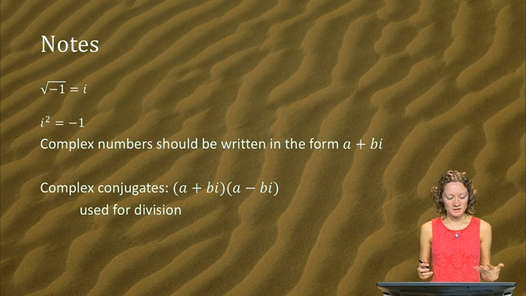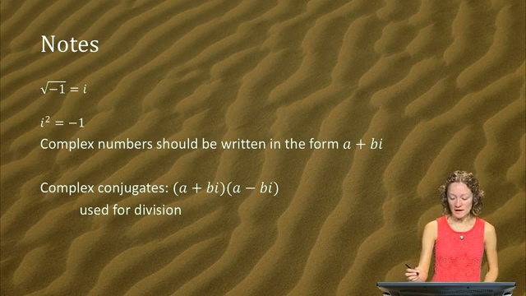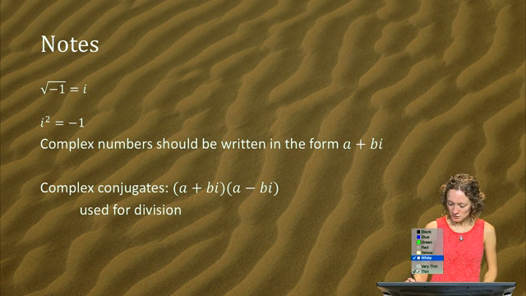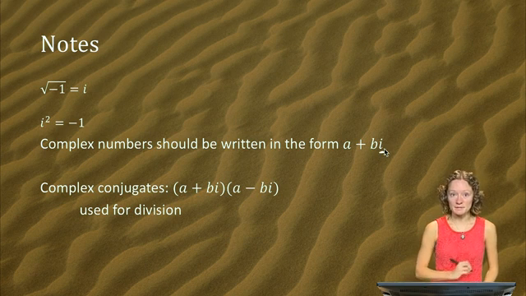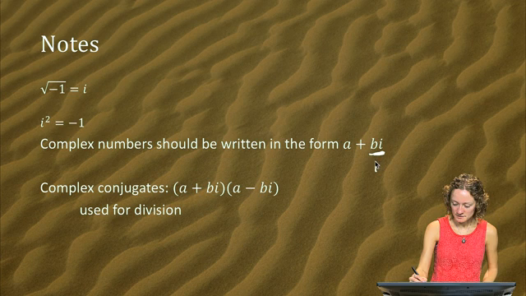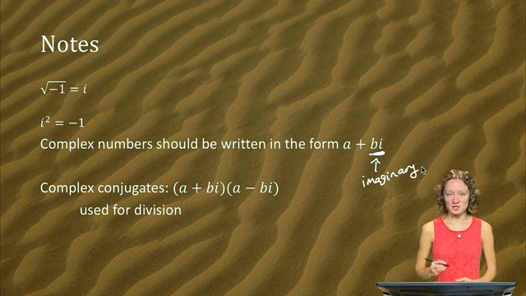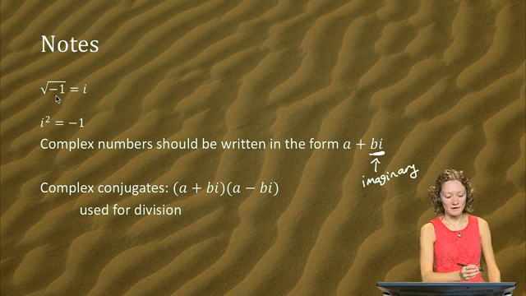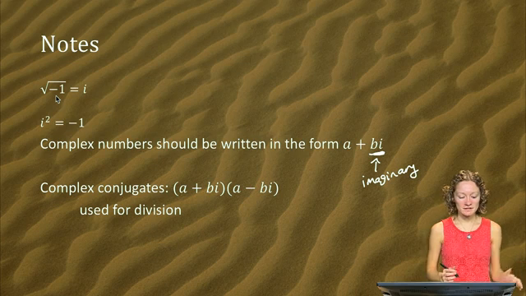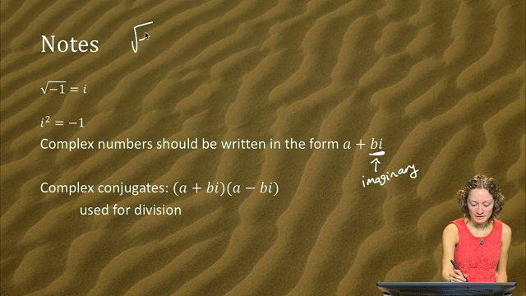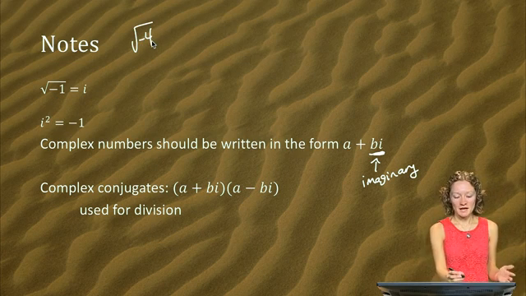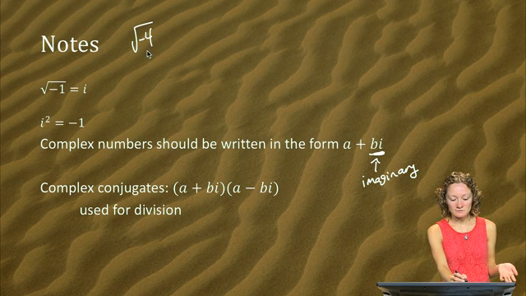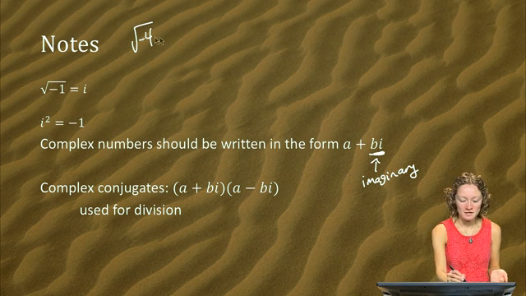So the notes: a complex number is a number that involves this i piece, this imaginary piece. And it comes from the square root of a negative number. Remember previously, if we saw something like the square root of -4, we would say there's nothing we can square to get a -4, so no good, no solution.